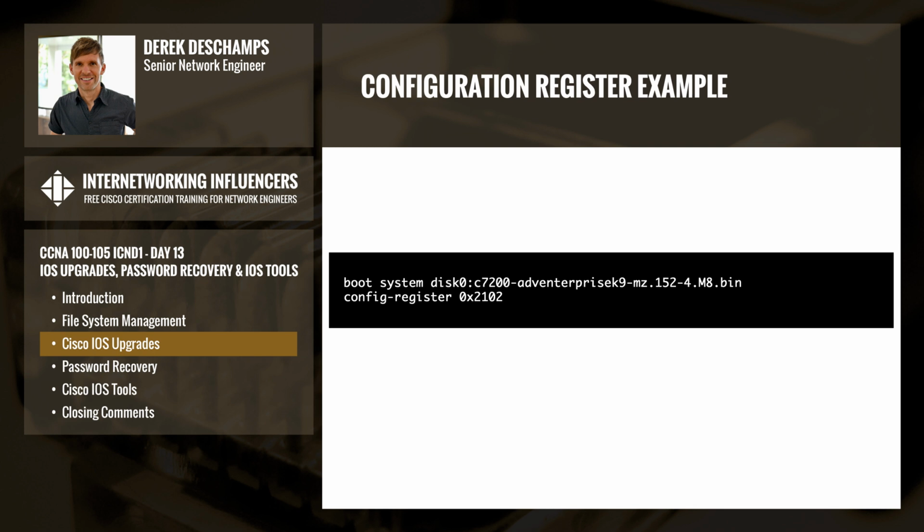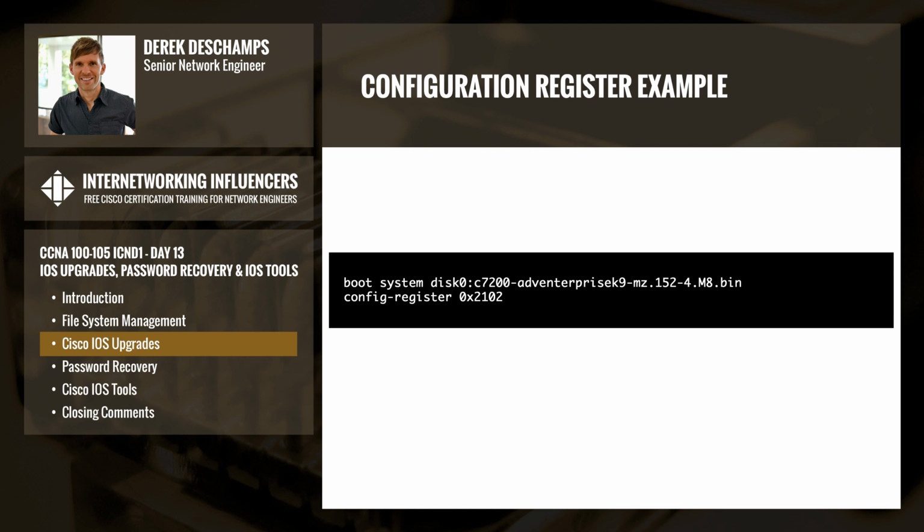For example, with this device, the boot system command has been used to specify the location of the Cisco IOS image. The config register command has also been used to set the configuration register to 0x2102.